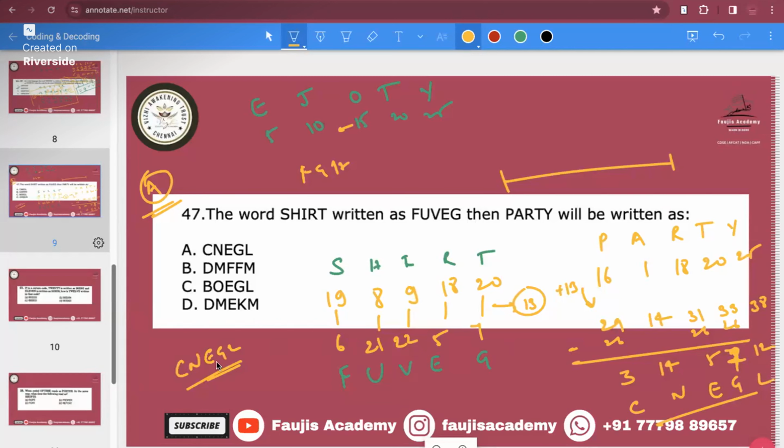Guys, if this logic strikes you at the very first time itself, do not do it for all the rest of the alphabets. It's not required. Look at the options. The first one is like C, D, and the last one is like L, M. If you can conclude from here, this is your key.